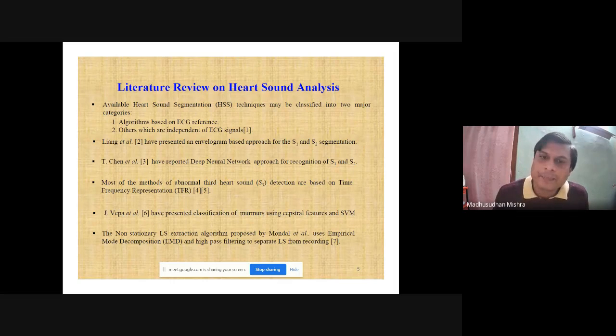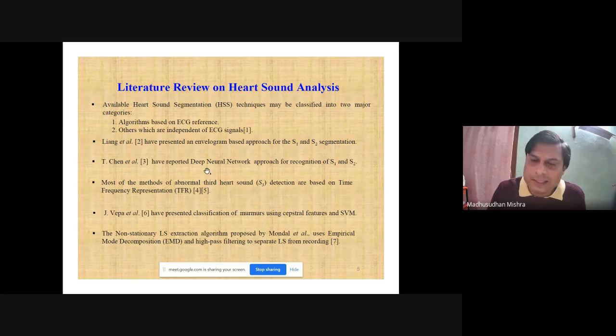Based on Shannon energy, they try to get the envelope of S1 and S2, and based on the energy they segment S1 and S2, as this is the first and foremost step required for any automated heart sound analysis or heart disease diagnosis system. So they have presented a method which is based on the envelogram.